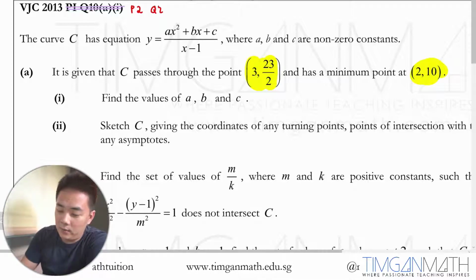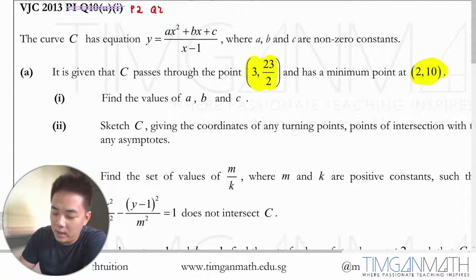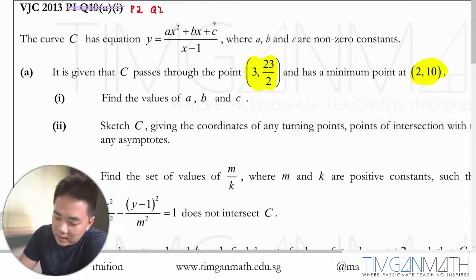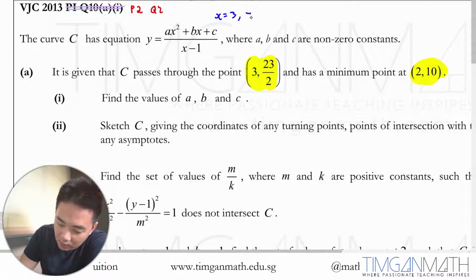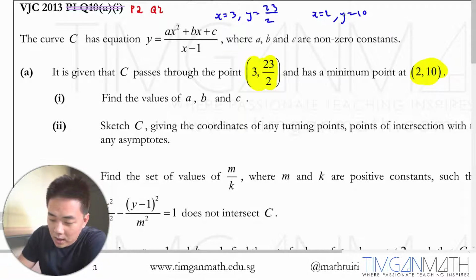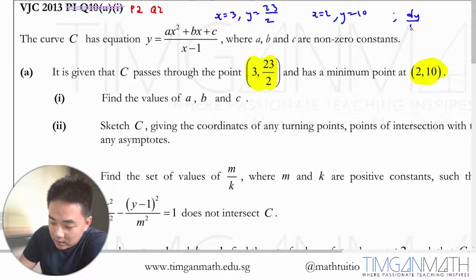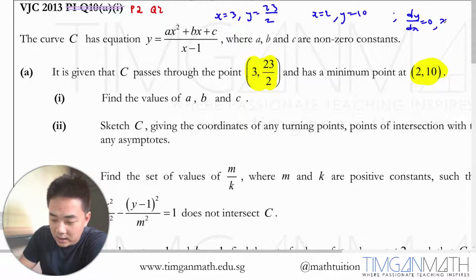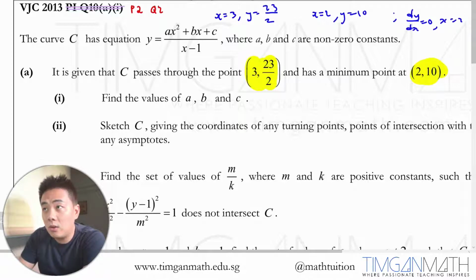Sometimes students forget to sub the point here. So you can sub x equals 3 and y equals 23 over 2 into the equation. You can sub x equals 2, because these are points, and y equals 10 into the equation. And you could also sub dy/dx equals 0 when x equals 2. So there are three equations here.